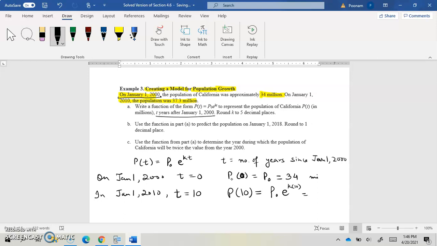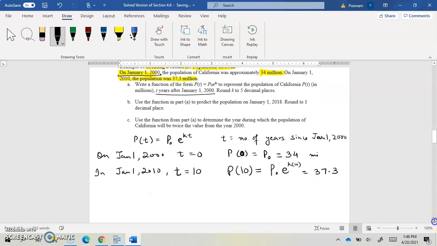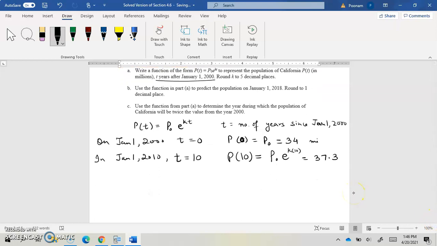We are given that on January 1st, 2010, the population is 37.3 million. P naught we already found to be 34. So we are saying that 34 times e raised to power 10k is equal to 37.3. We need to figure out what k is.